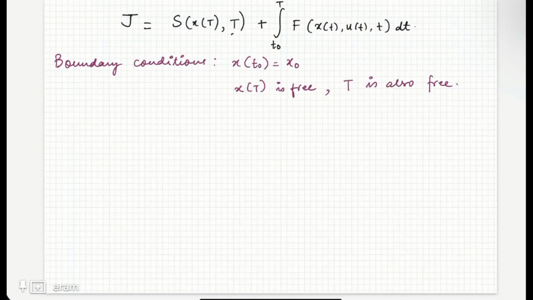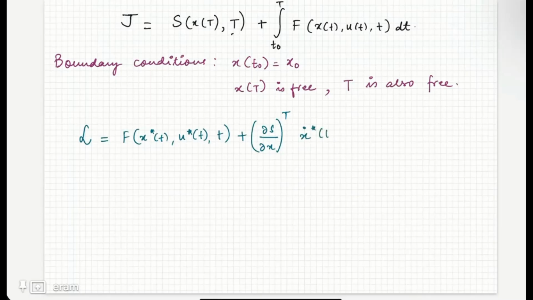For such cases, when we have running cost as well as the terminal cost, we find the Lagrangian as f of x star, t, like previously, the functional f, plus the partial derivative of s with respect to x, and if that's a vector then we have to take its transpose, into x dot star t, and then as usual the Lagrange multipliers, that is the right hand side of the system, f of x star, minus x dot star.